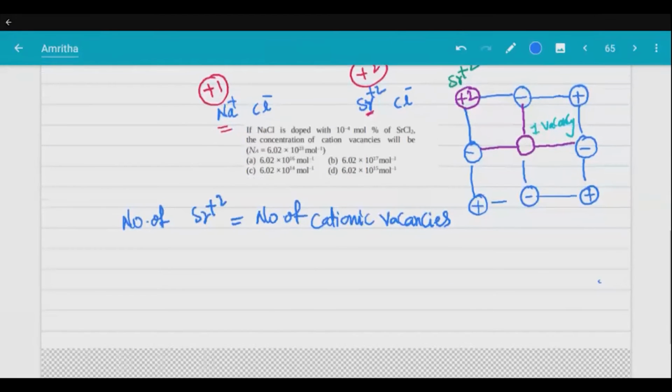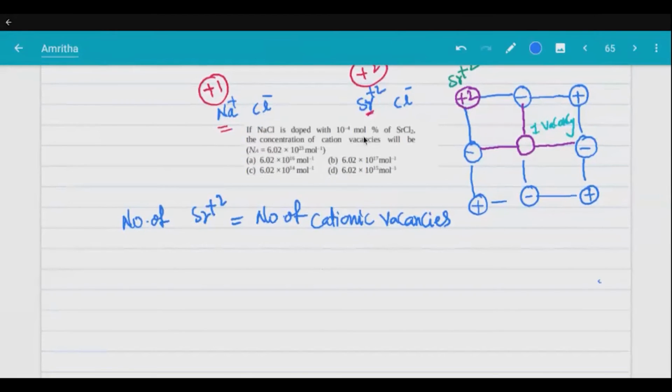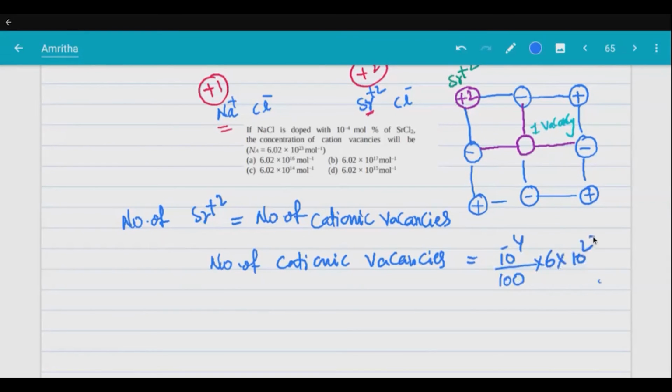Now it is a very simple problem, right? How many vacancies here? 10 power minus 4 mole percentage. So the number of cationic vacancies is 10 power minus 4 mole percentage times the Avogadro number, 6.023.